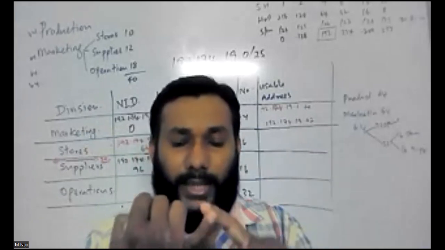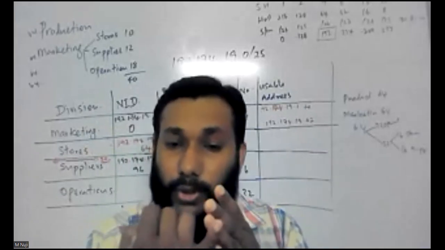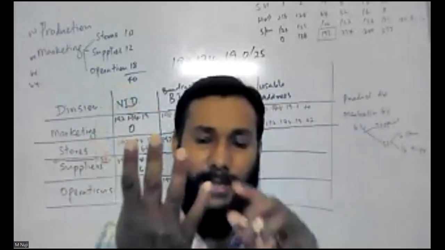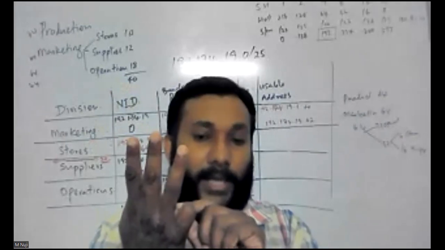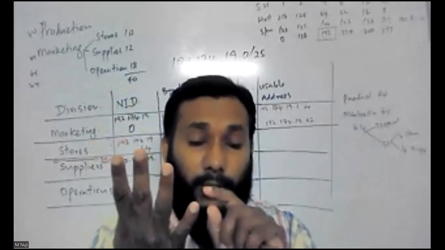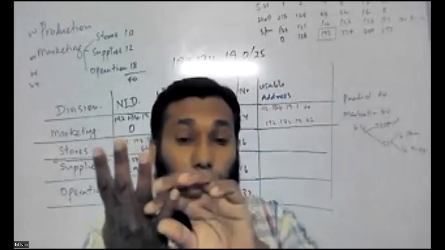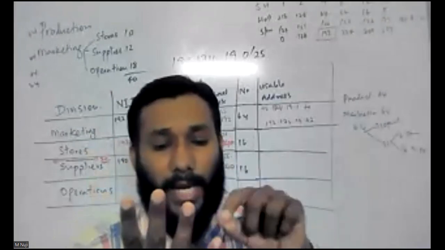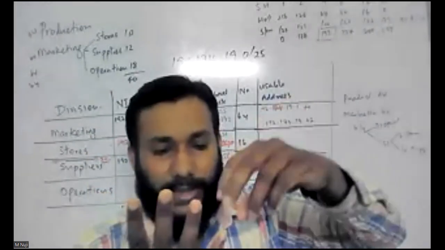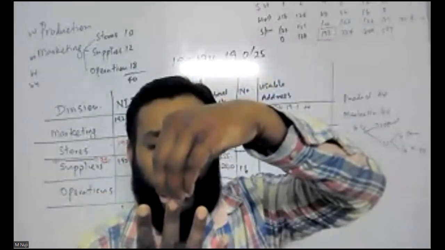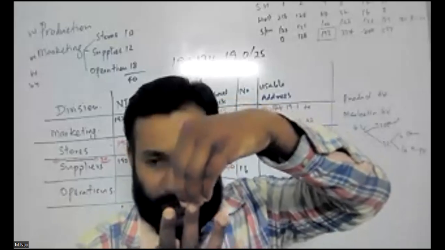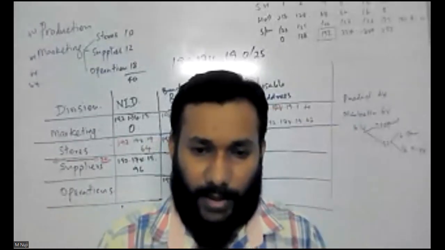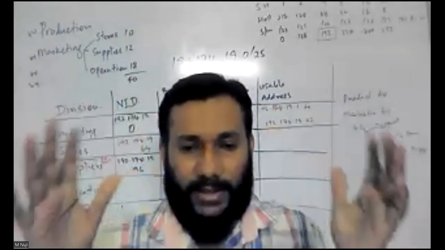The last one you can leave unused because you have only 3 departments. That does not mean you can't use it in between. Either you can take this slot and apply the numbers here. You got it? But this one you can leave. So this is the concept.